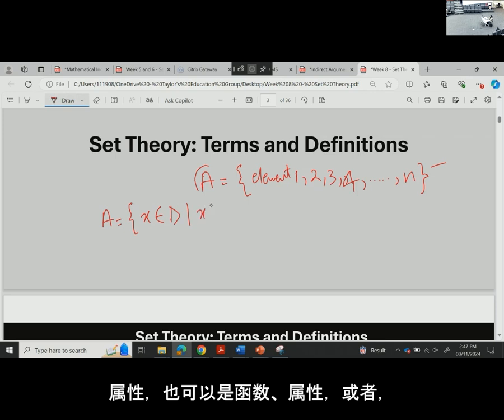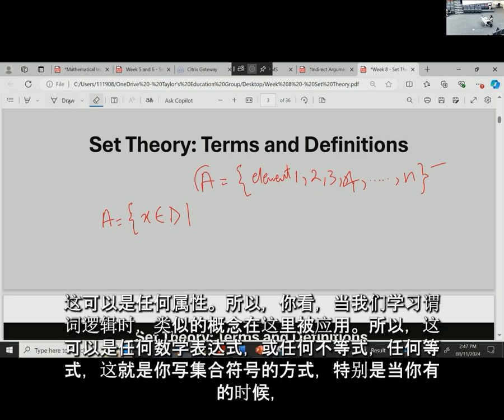It could be a function or a property. This could be any property.